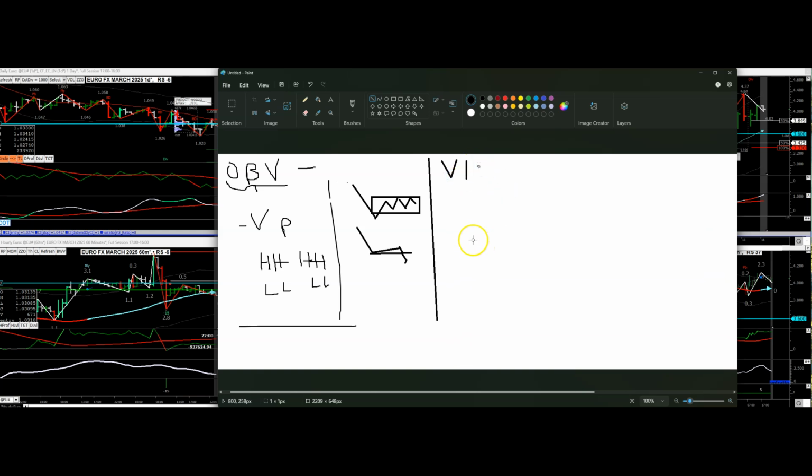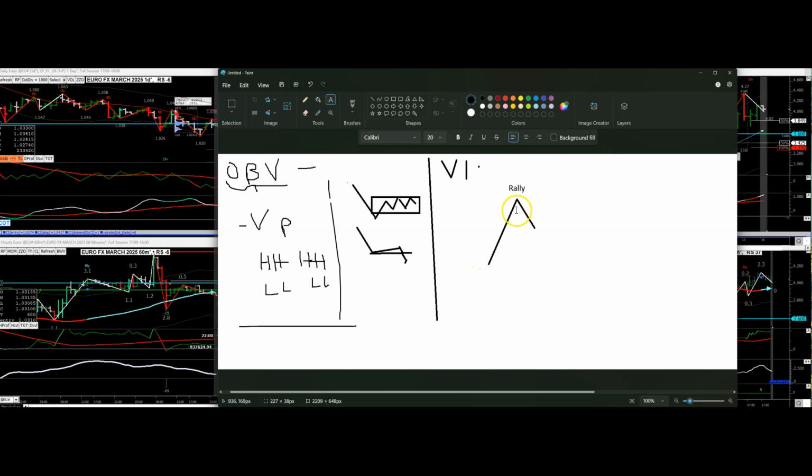All right. Again, both OBV and volume profile can be used for accumulation and distribution. The way volume profile does it is you have a rally, right? As soon as you have a rally, you know that there's accumulation. There has to be accumulation.